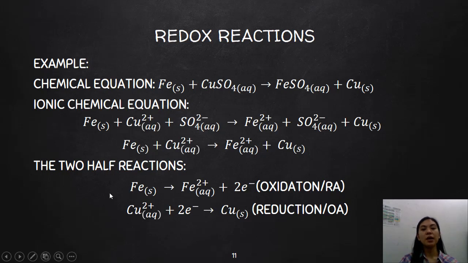So the left side and the right side of the equation are equal. And of course, as you have learned before, you need to be able to identify which is the oxidation and which is the reduction reaction.